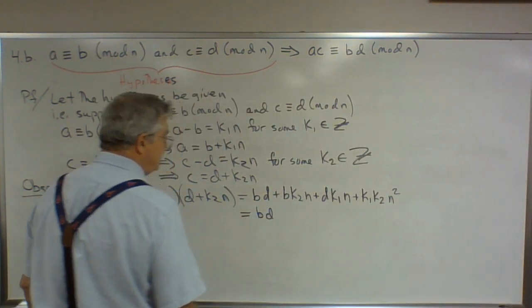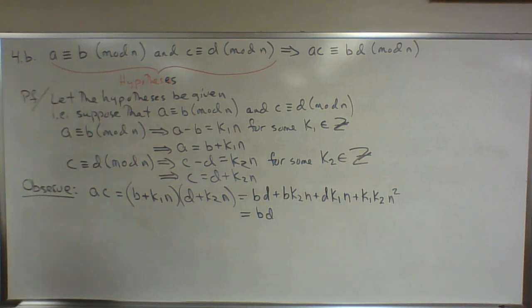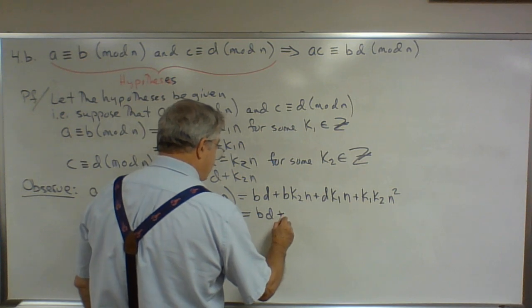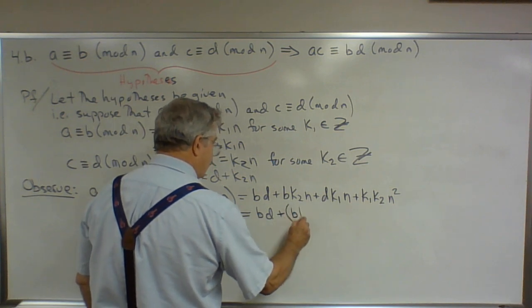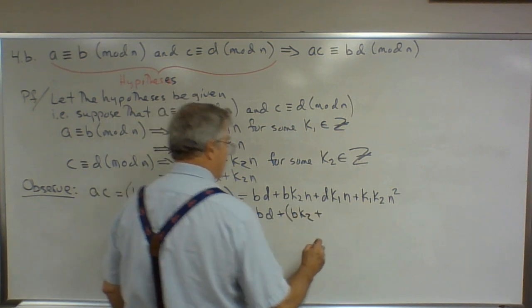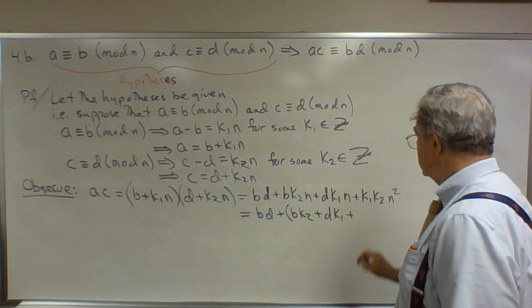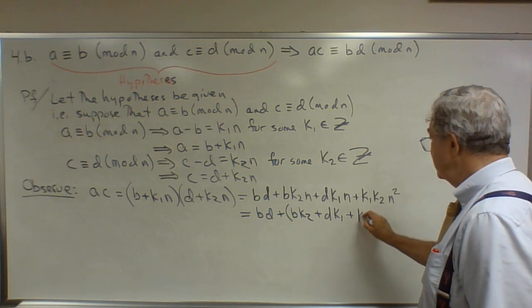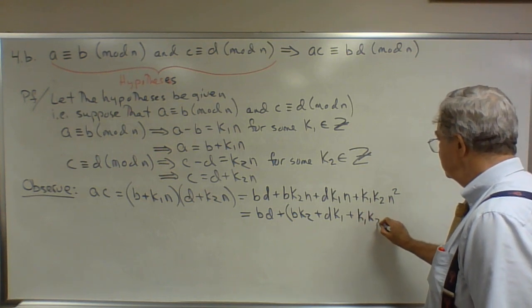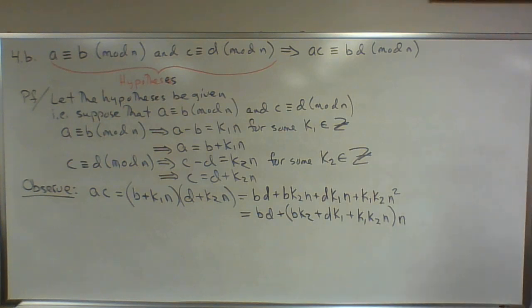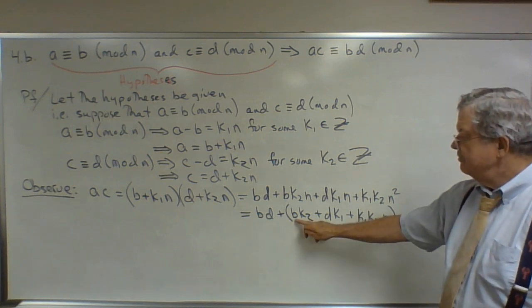And all of these terms except the first have at least one factor of n. So I'm going to factor that n out, and I'll get B K2 plus D K1 plus K1 K2 n, times n. And what do we know about B?